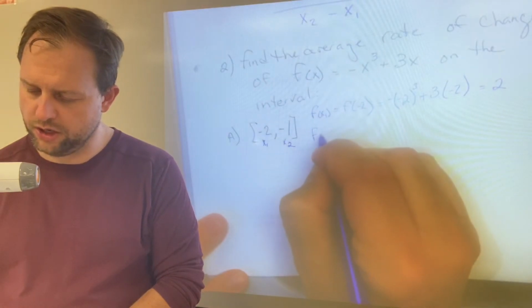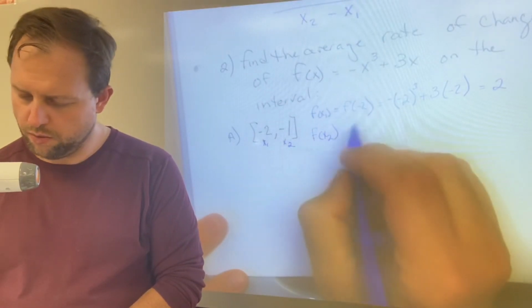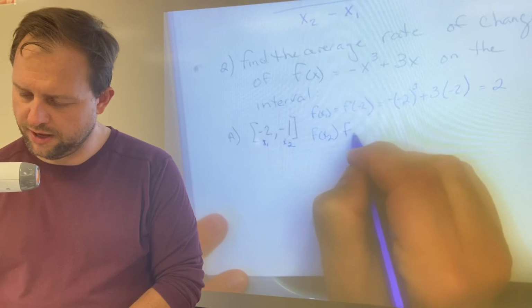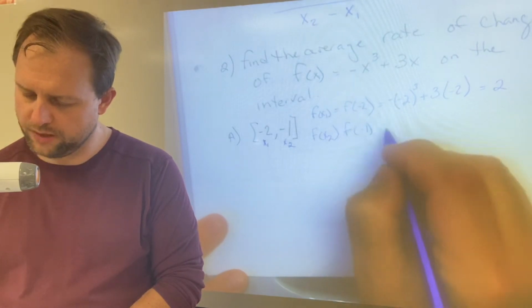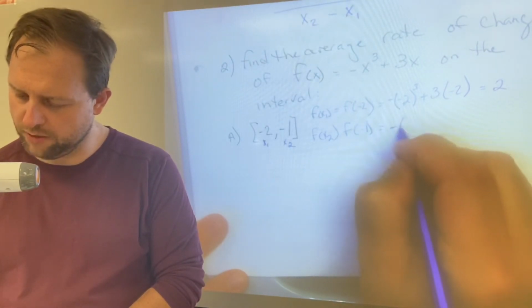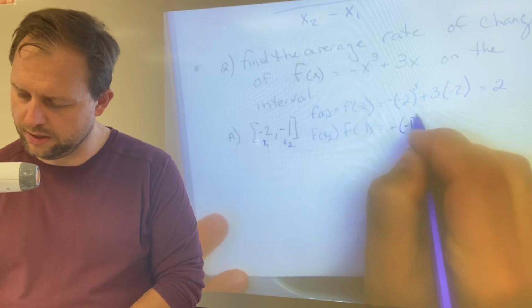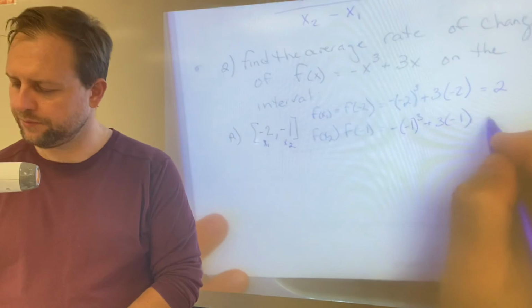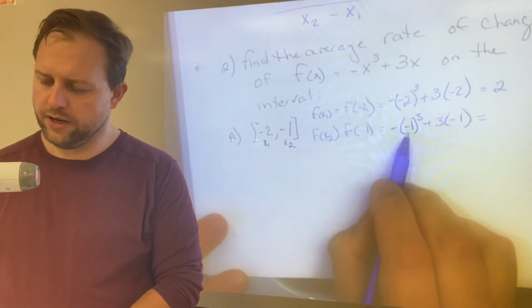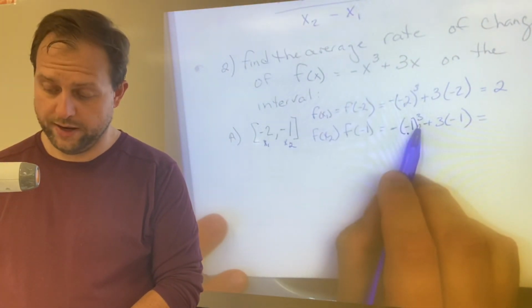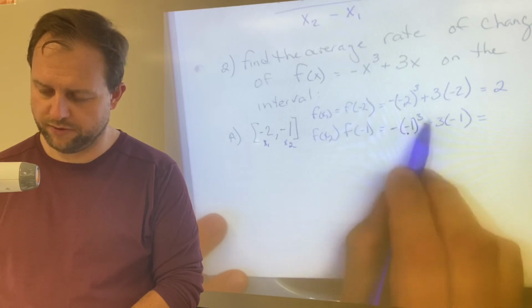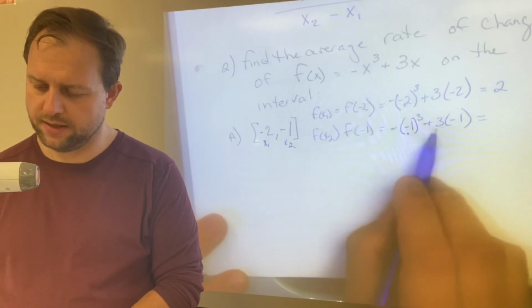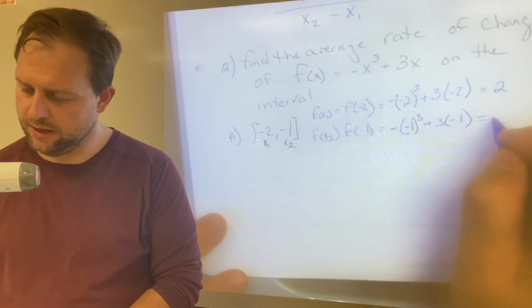For f of x2, where we have f at -1, we're going to have a negative parentheses, -1 cubed, plus 3 times a negative 1. So negative 1 cubed is negative 1. The negative cancels out, so we're left with a 1, plus a negative 3 is a negative 2.